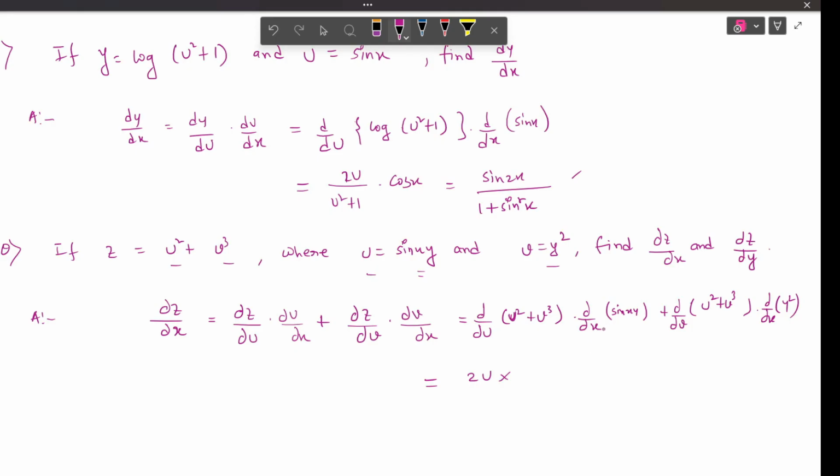Sine of xy differentiation is cos of xy, and here y is constant so y will come outside, and for x it will be 1.